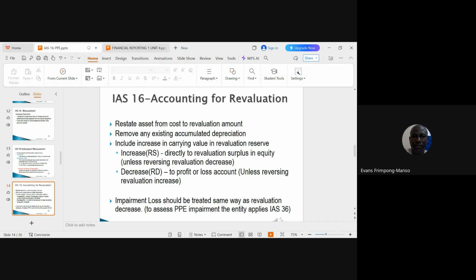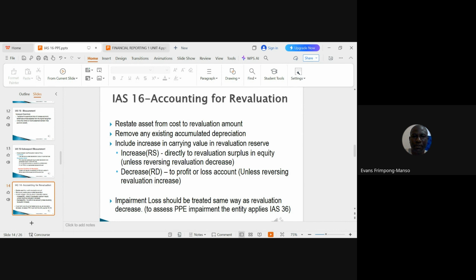So we can have a revaluation increase or a revaluation decrease. For the revaluation increase, you can say revaluation surplus. And then we can have a revaluation loss or decrease.